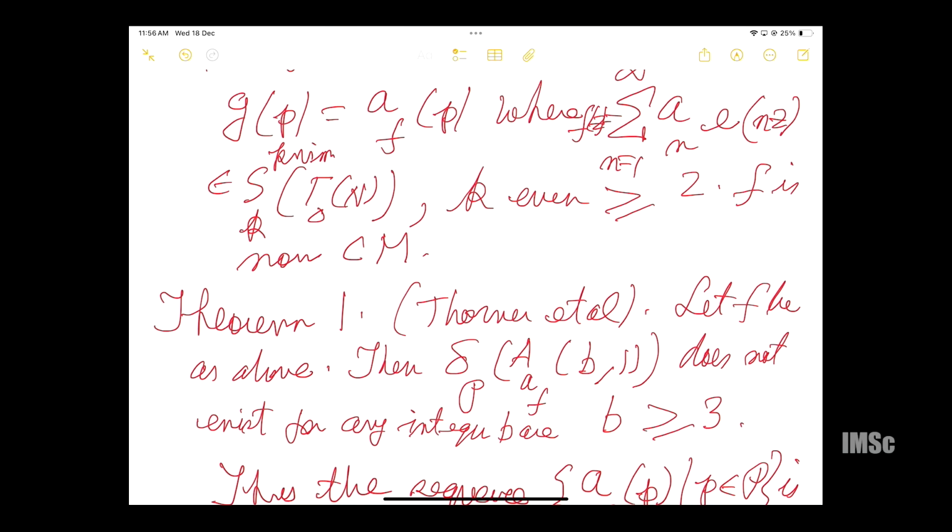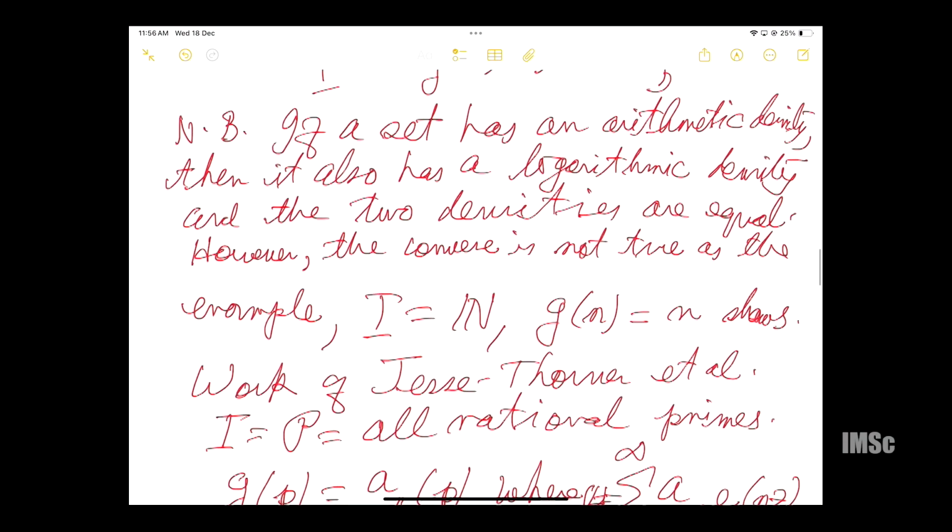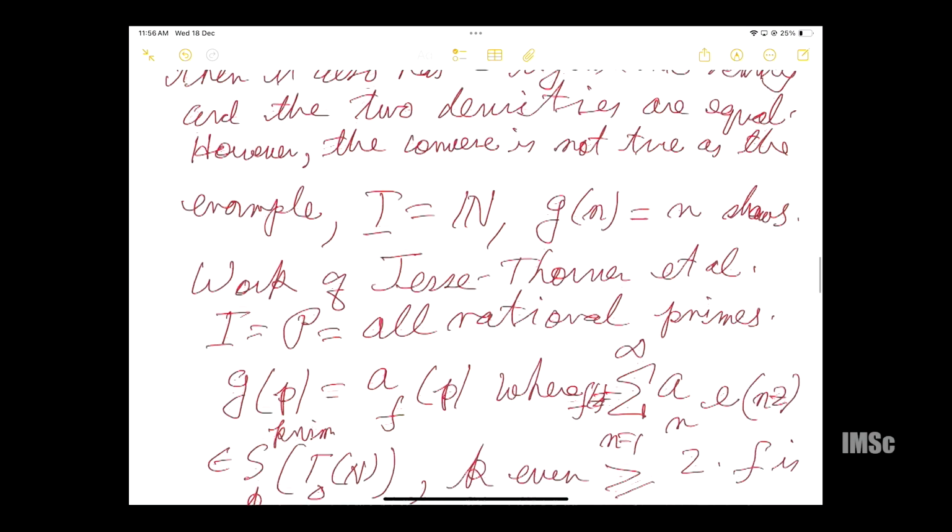The setting is the basic theorem due to Jesse Thorner and his collaborators.